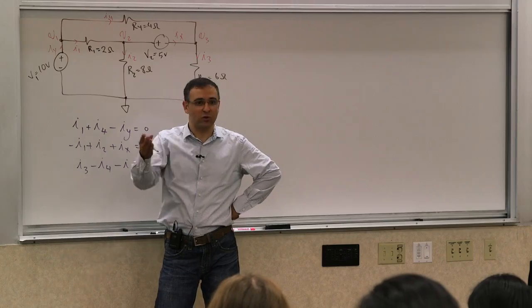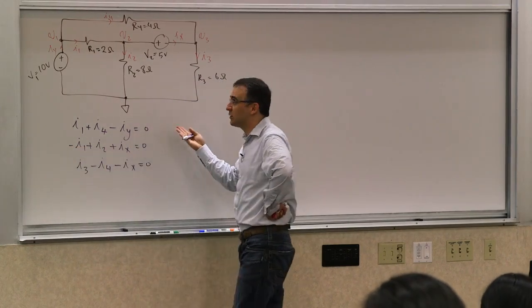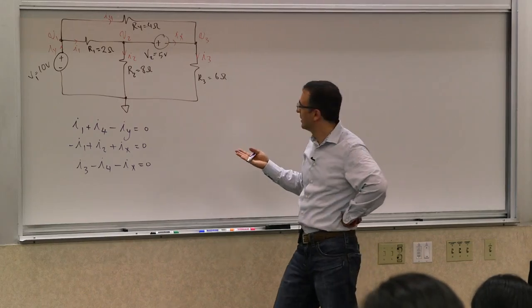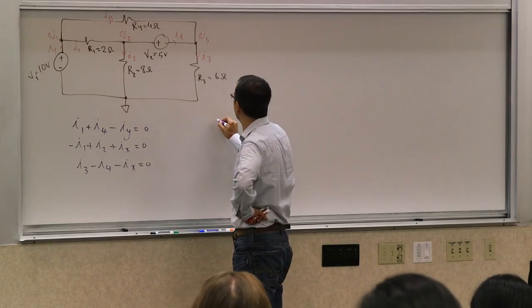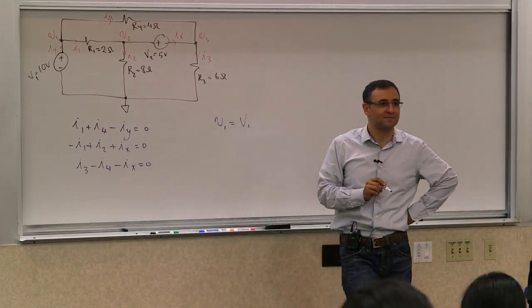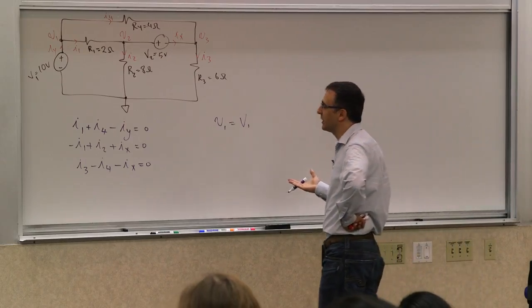It's the same thing. You know it's 10 volts, right? So that's an equation by itself, if you will. You can write it as v1 equals capital V1. So that's one equation already.